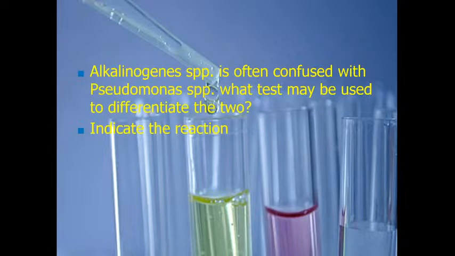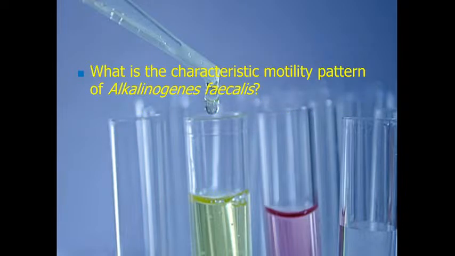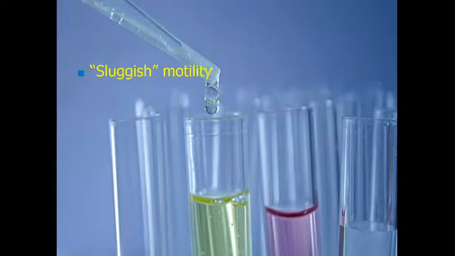So please be mindful that members of the Alcaligenes family can be oftentimes confused with Pseudomonas, and one way to differentiate them is gelatin liquefaction. Right? Now, what is the characteristic motility pattern of Alcaligenes faecalis? It's sluggish motility. How do you know? It's like an organism that moves forward, but it's slow, and it doesn't go in one straight line. It just wades around, but it's still moving forward.